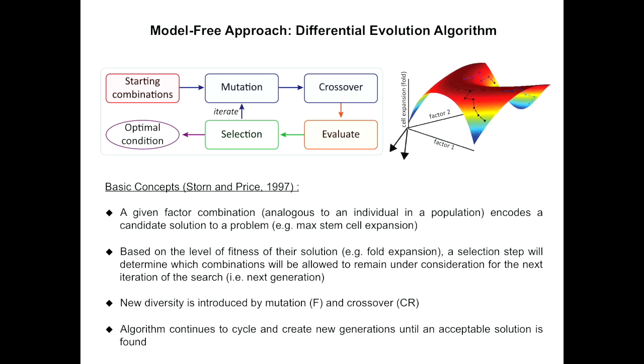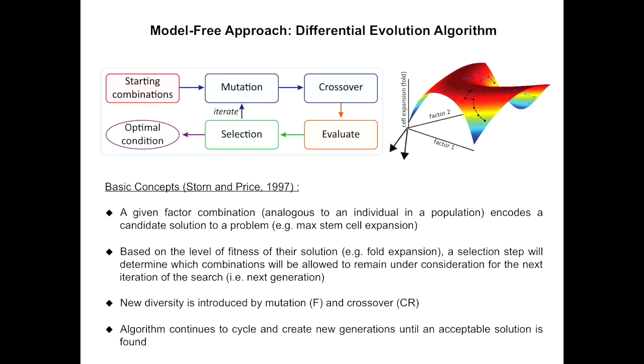So basically, with differential evolution, you usually make combinations first randomly. You test them, and you select the ones that are performing the best. If you are interested in maximizing cell expansion, you will focus on the best combinations, and then you create new combinations by randomly modifying those combinations. This is called mutation, or recombining the best performing combinations, which is called crossover.